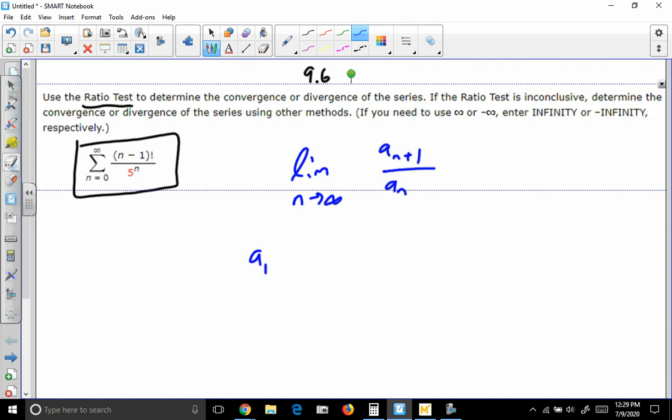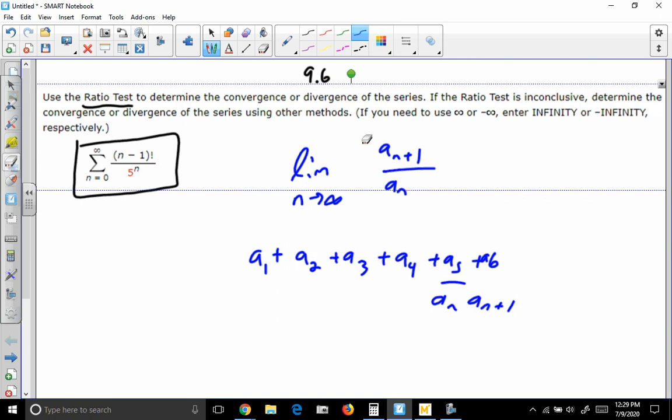If we look at the first term plus the second term plus the third term, fourth, fifth, and so forth. If we randomly pick a term, let's say this one, then if we call that the a sub n term, the next one would be the n plus 1 term.